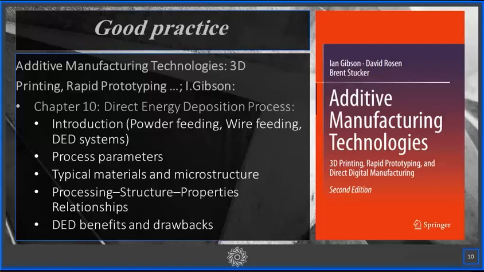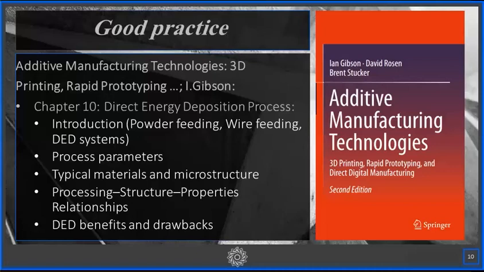They talk about powder feeding, wire feeding, DED systems, so the student will get knowledge about how it works. It is not superficial, but it gives very important information to the audience of the book. Then it goes a little bit deeper.